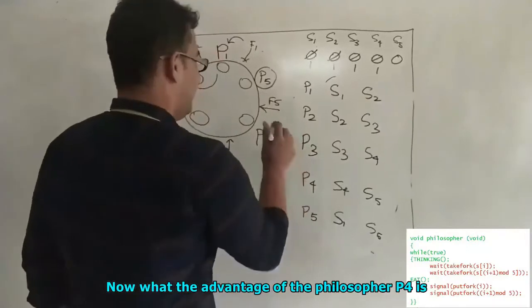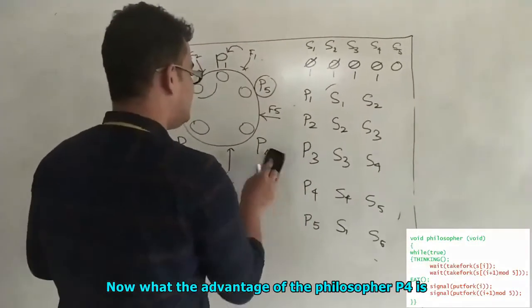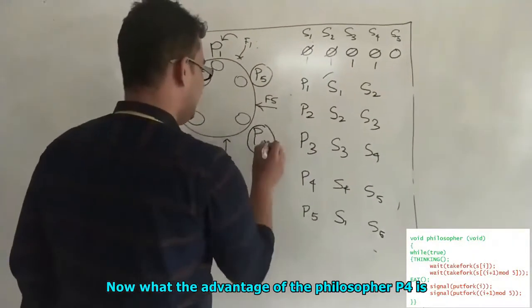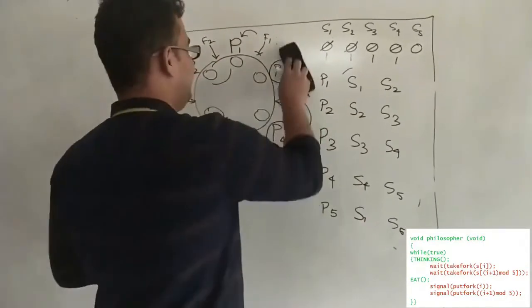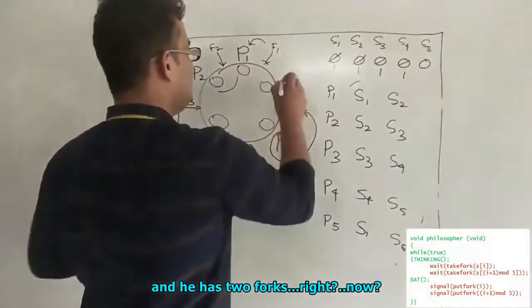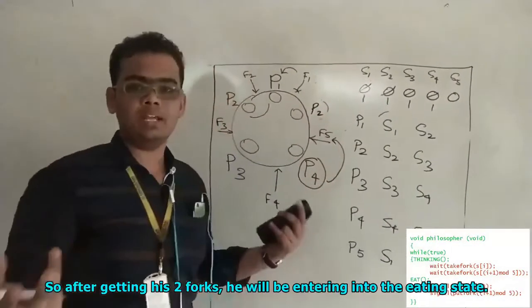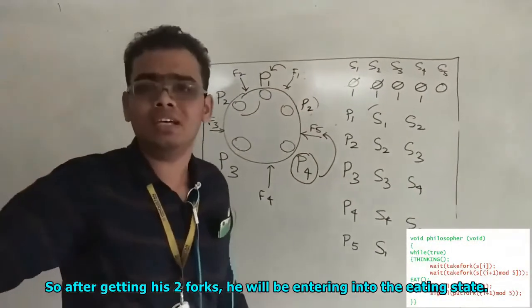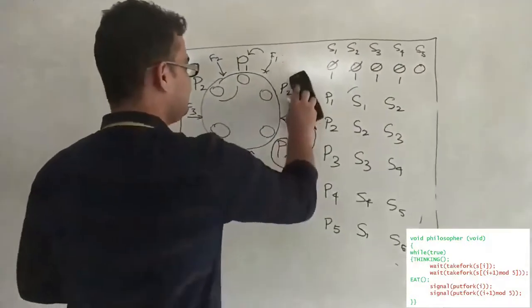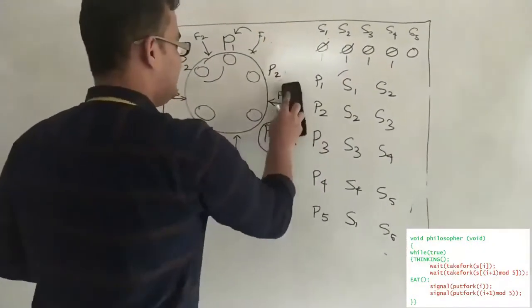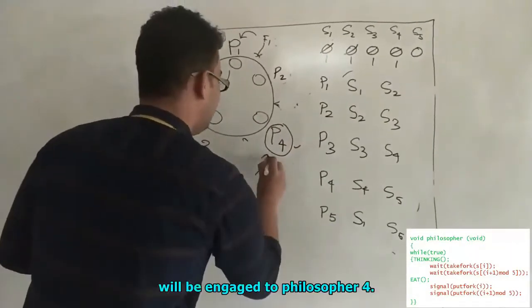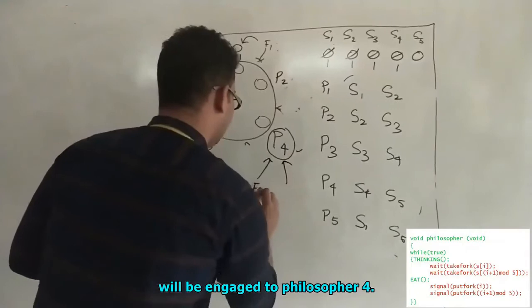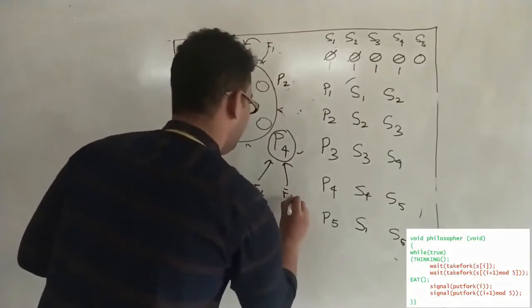Now the advantage for philosopher P4 is that he takes the fork F5 and has two forks right now. After getting his two forks, he enters the eating state. Now these forks F4 and F5 are engaged by philosopher 4.